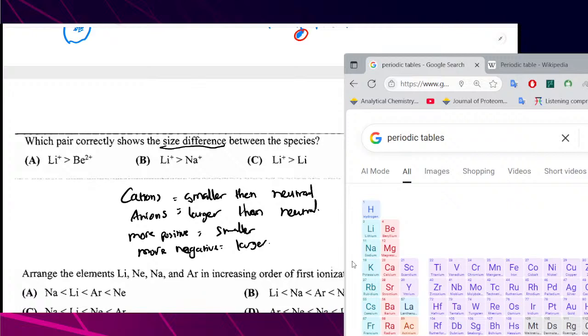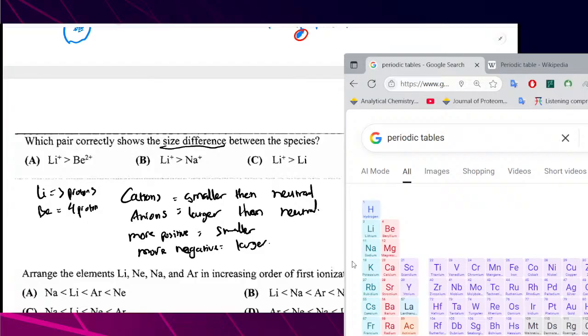If we look at the electron configuration, Li has 3 protons, Be has 4 protons. Be loses two electrons, Li loses one electron.